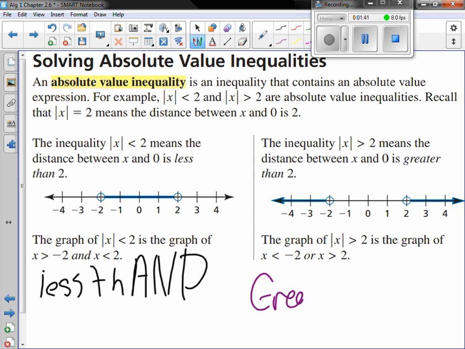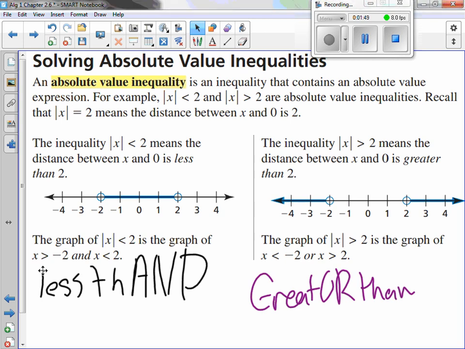And we also have greater than: whatever's inside the absolute value is greater than. So we have less than and greater than.